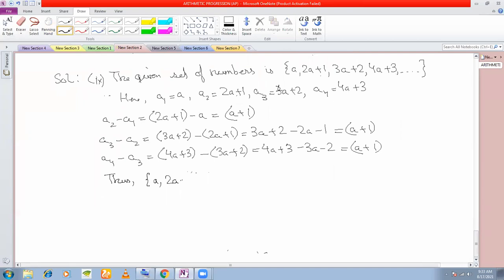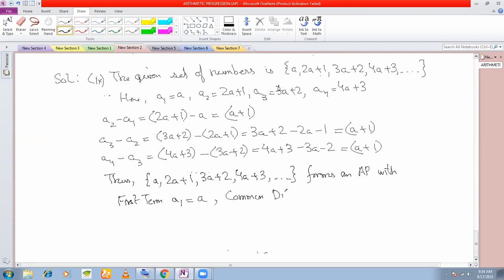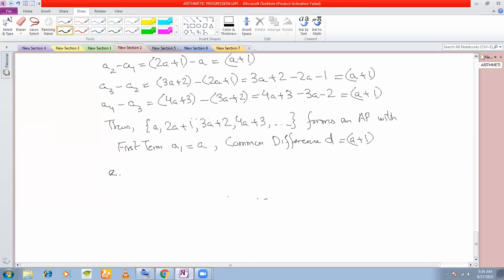A, 2A plus 1, 3A plus 2, 4A plus 3, and so on, forms an AP with first term A1 is equal to A, common difference D is equal to A plus 1. We need to find the next three terms. So let's find out A5.